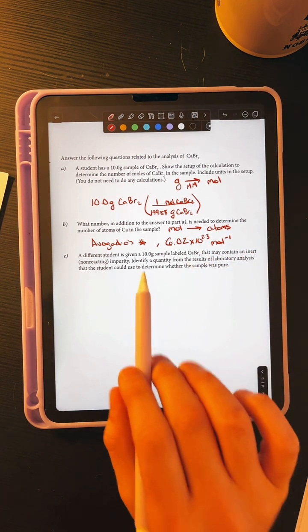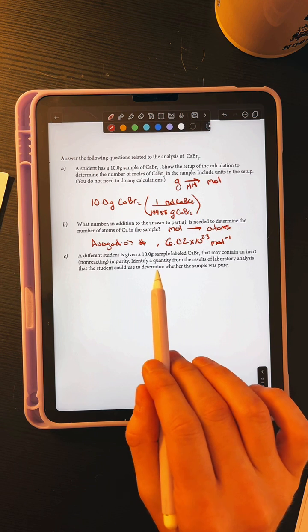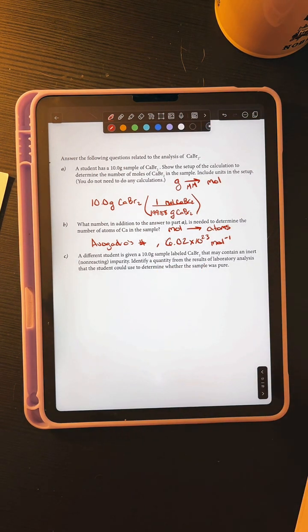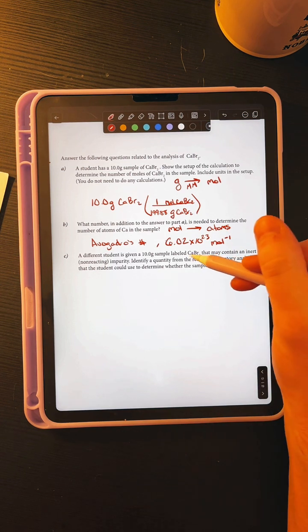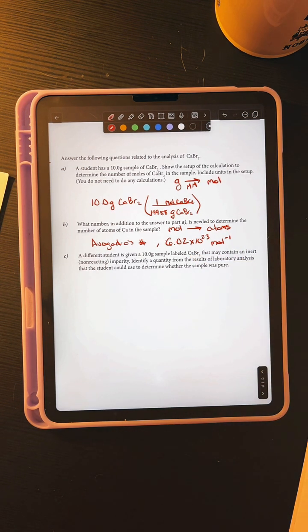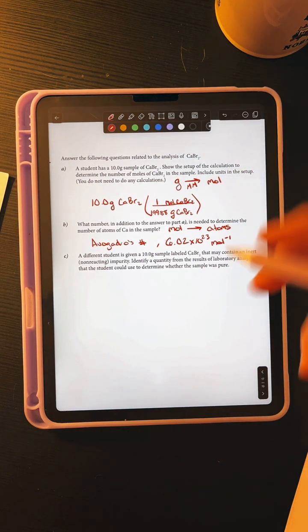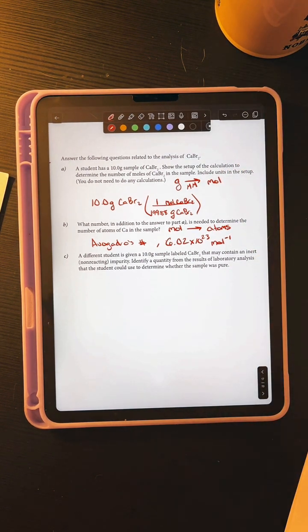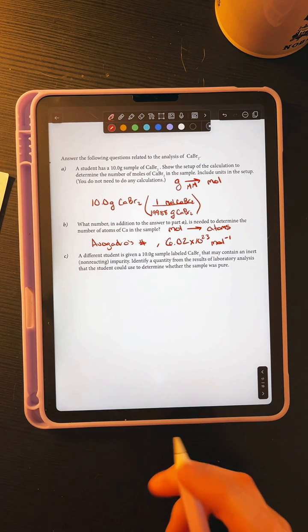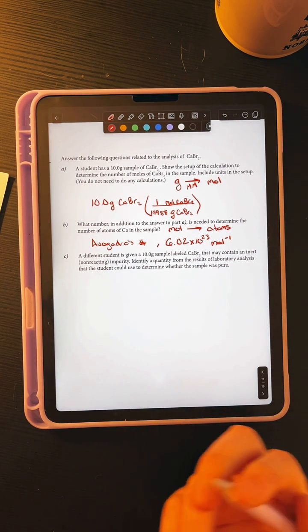We want to identify some sort of technique or value that we can find in the lab to tell whether or not this is a pure sample. And that's all this question is asking for, is what technique, what value can we use that we can solve for in lab to figure out if it's a pure sample or not.